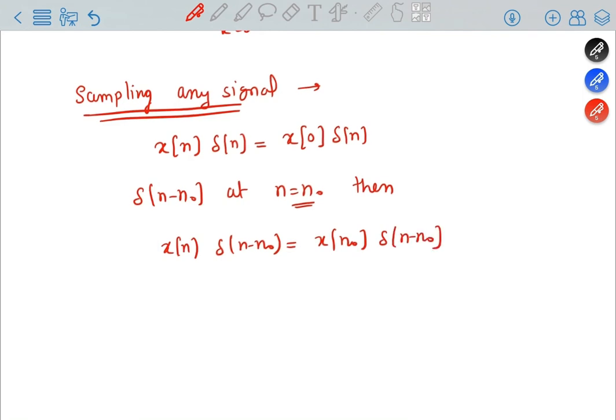Basically, the unit impulse sequence is used to sample the value of a signal at n equal to 0. This is a very important property, and it is called the sampling property of the unit impulse signal. This will be used subsequently when we discuss some other topics.